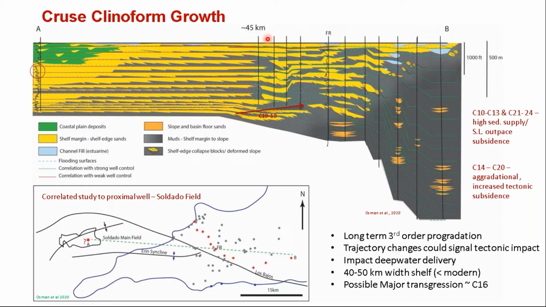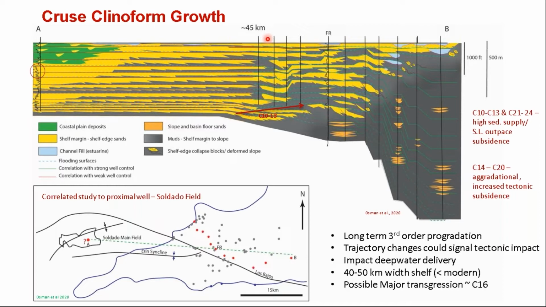Now, this shelf width is actually much smaller than our Pleistocene or younger Orinoco clastic wedges on Trinidad. And this could be because of the slightly warmer times during the Miocene, whereby sea level rises and falls may be much smaller than in the Pleistocene.